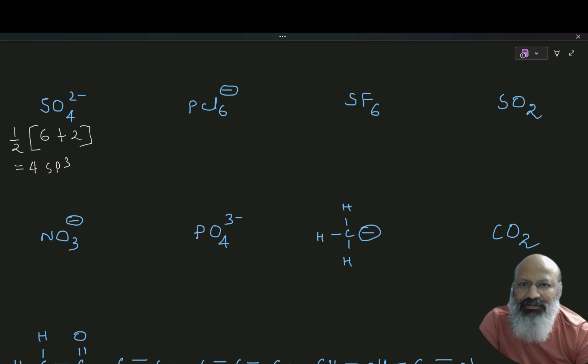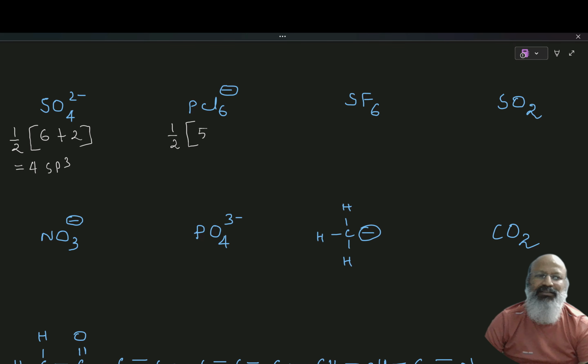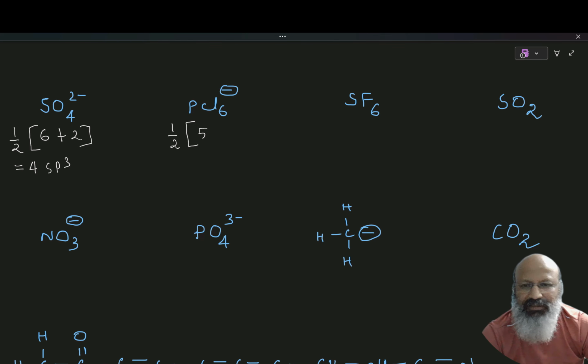Now coming to the next case. So half of the total valence electrons of phosphorus is 5. Now you might be thinking, sir, आपने तो इसको रट लिया तो आपको फटाफट आ जाता है. मैंने रटा नहीं है. एक्चुअली क्या है, ये फॉस्फोरस ग्रुप 15 में आता है. तो जिस ग्रुप में आएगा उसका जो ग्रुप नंबर है वही उसका वैलेंस इलेक्ट्रॉन्स होता है. तो it's very easy. So 5 and of course chlorine comes in 17, and it's basically a monovalent atom, so I need to count all 6, plus I need to take 1, that is for the negative charge.